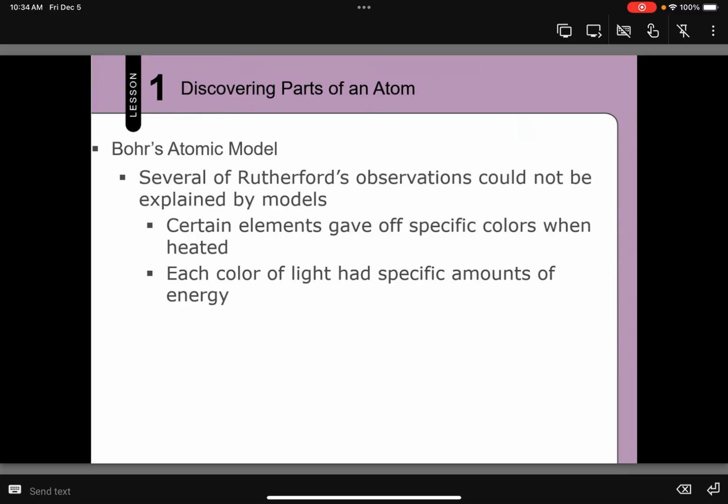Orange fireworks are due to the element of calcium. So if we burn calcium, we would see an orange flame. That's boring because most flames are orange, right? Yellow is due to sodium. If we burn sodium, it's going to burn yellow. Green is due to the element of barium.